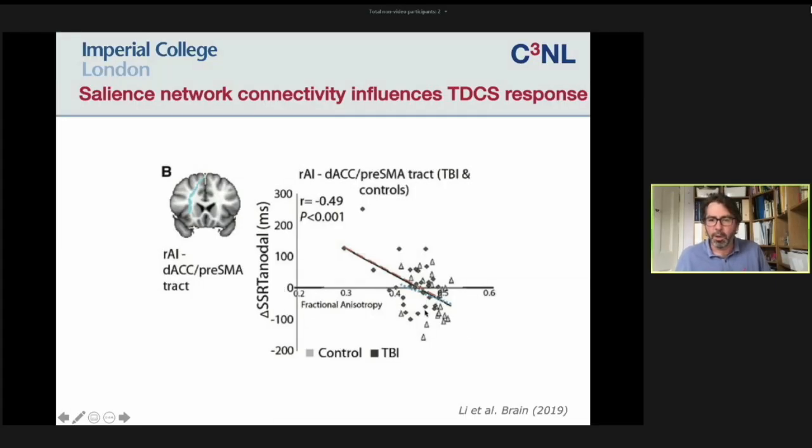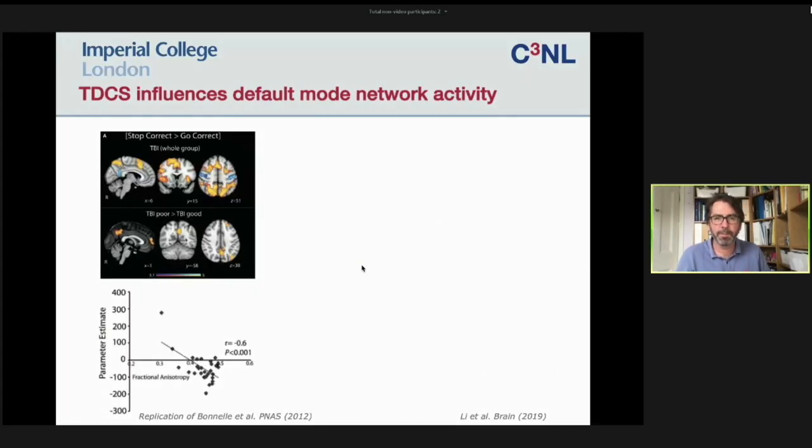So here, the controls with very good structural connectivity within that network show a big response to TDCS, and here are in general the patients with damaged networks showing no benefit and potentially an impairment of response.